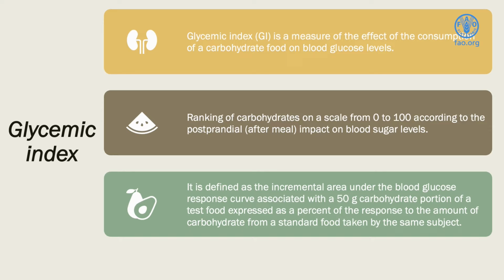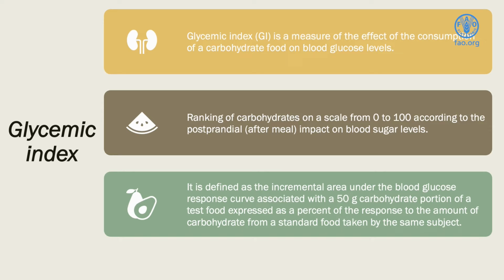Next parameter, glycemic index. Glycemic index is a measure of the effect of consumption of carbohydrate food on blood glucose level. It is a ranking of carbohydrate on a scale from 0 to 100 according to postprandial impact on blood glucose level.